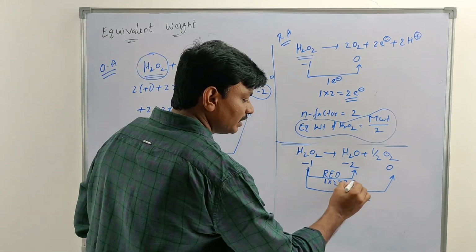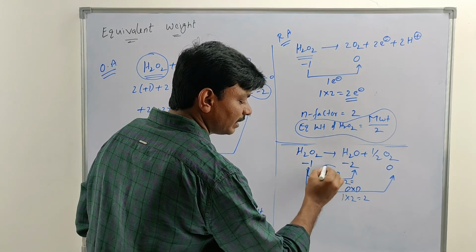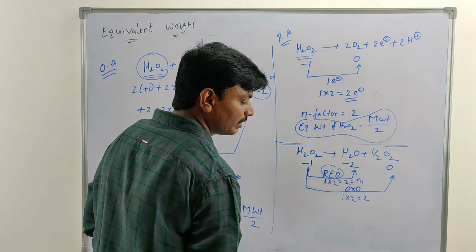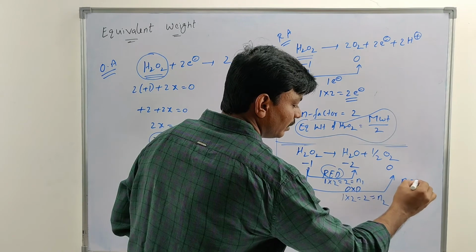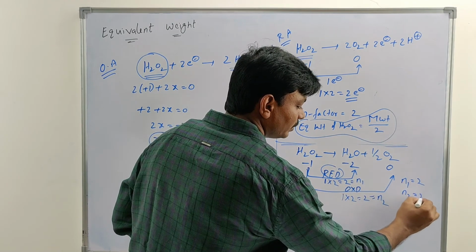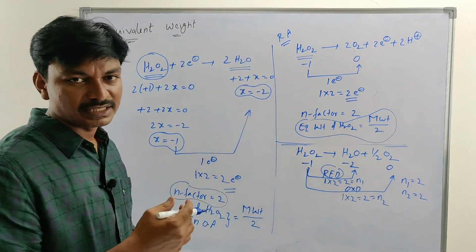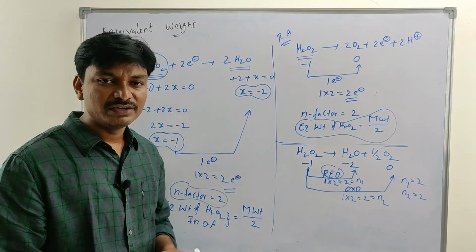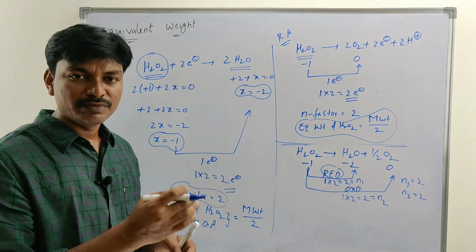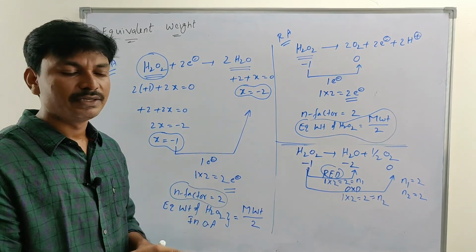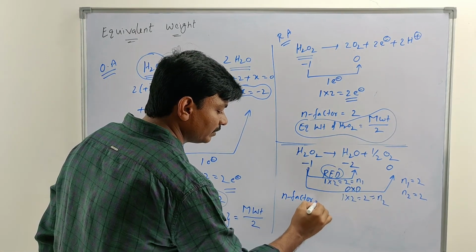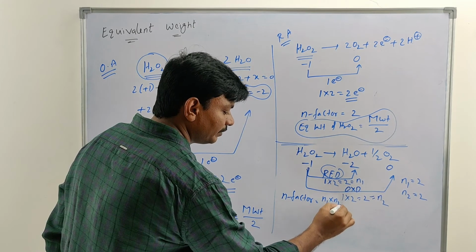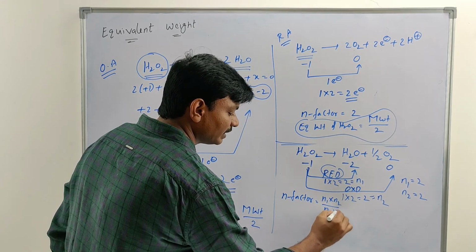Here the total 2 electrons in the reduction reaction is represented by N1, and it is represented by N2 in the oxidation. That is N1 equal to 2, N2 equal to 2. For disproportionation reactions, the n factor value will be calculated by N1 into N2 divided by N1 plus N2.